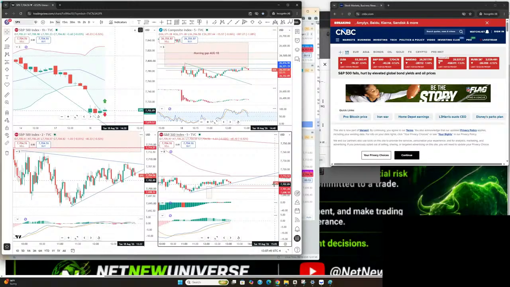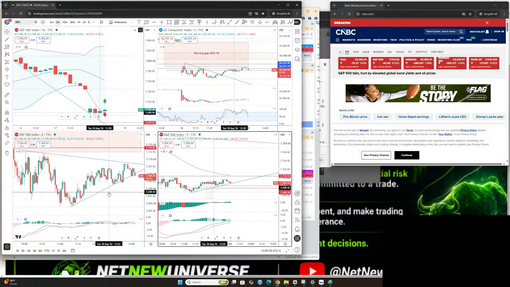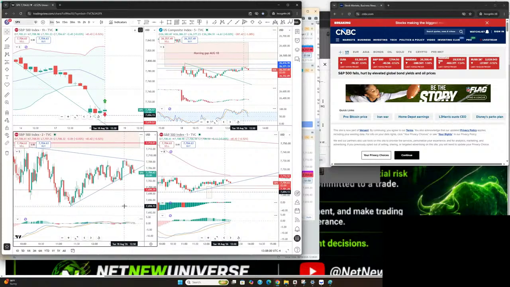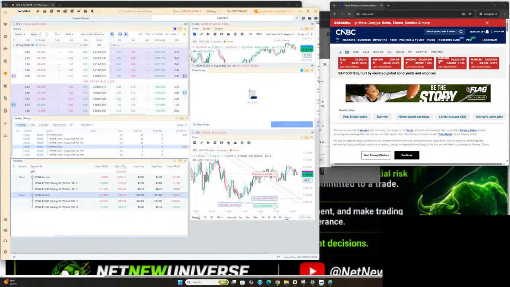Okay, the top is promising. Okay, I think we are getting to this area, the 7700 area. Okay, we should actually approach our sell point. Not yet. 15.